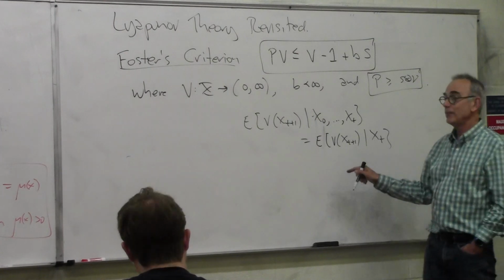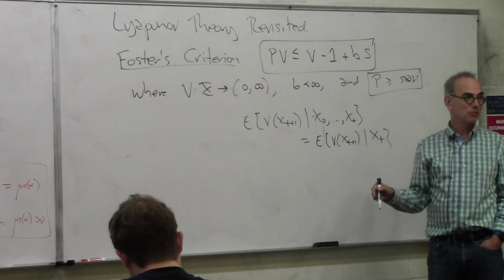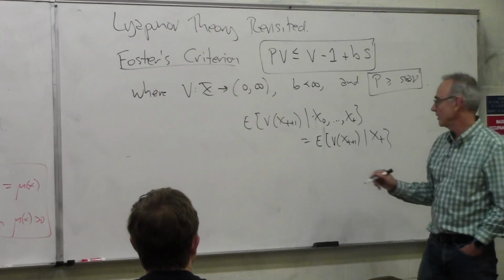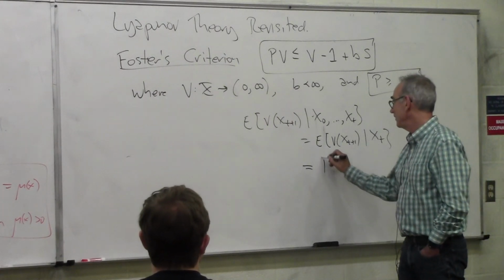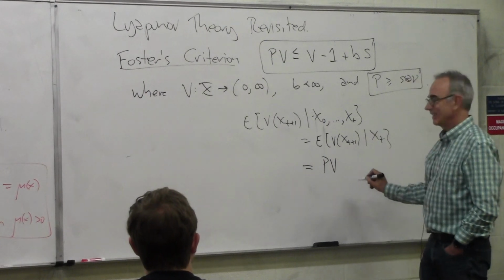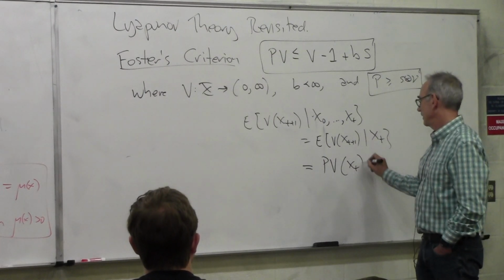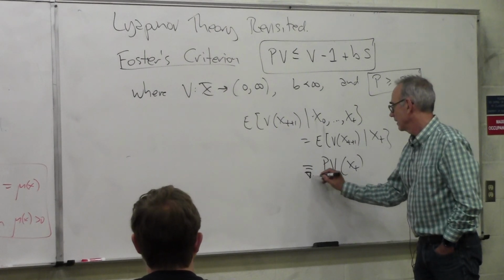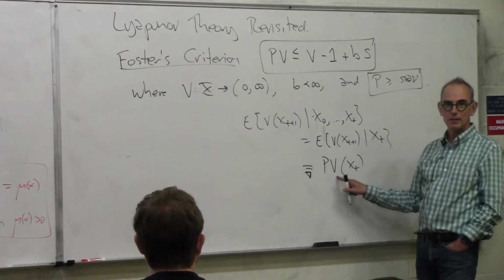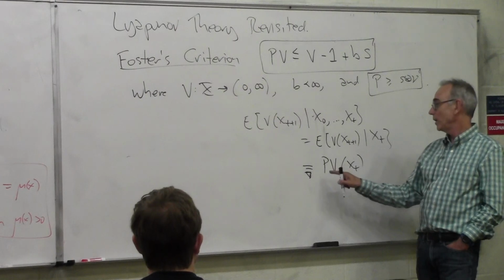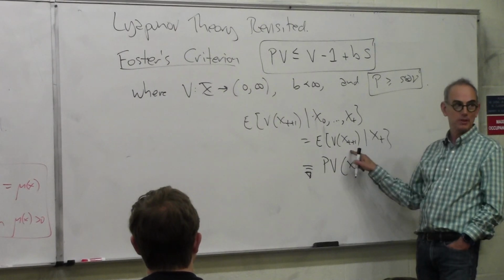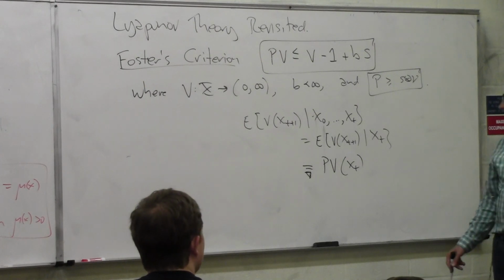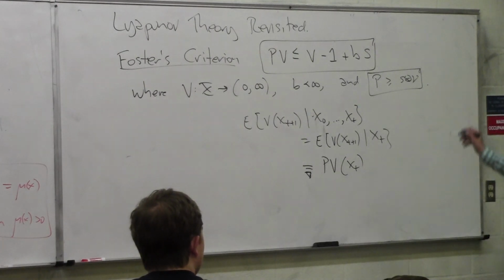And the thing that I'm asking you to memorize for the exam is that this is Pv evaluated at xt. That's the definition of Pv. When I write Pv, I just mean the conditional mean. And then that's less than or equal to this.